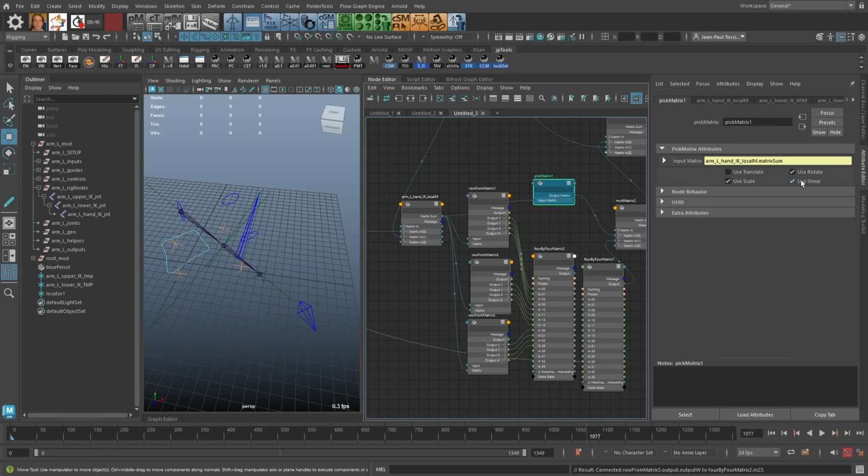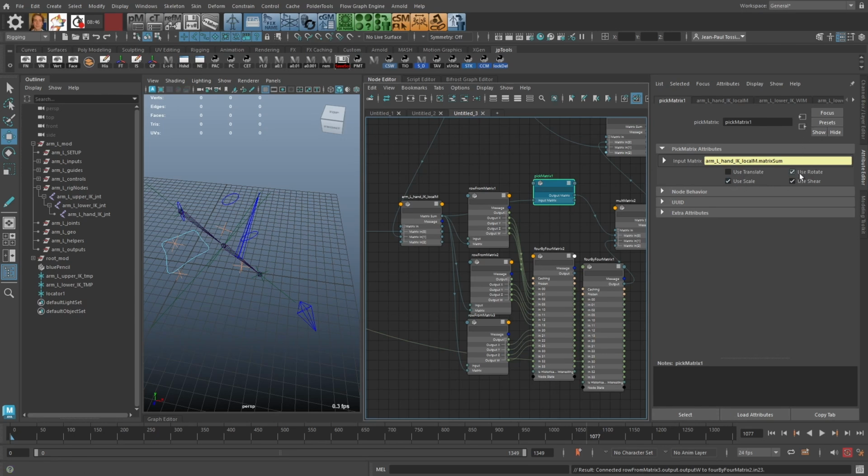If you uncheck shear, it will perform cross products to realign the vectors to make them orthogonal to one another. If you uncheck scale, it will normalize the basis vectors.